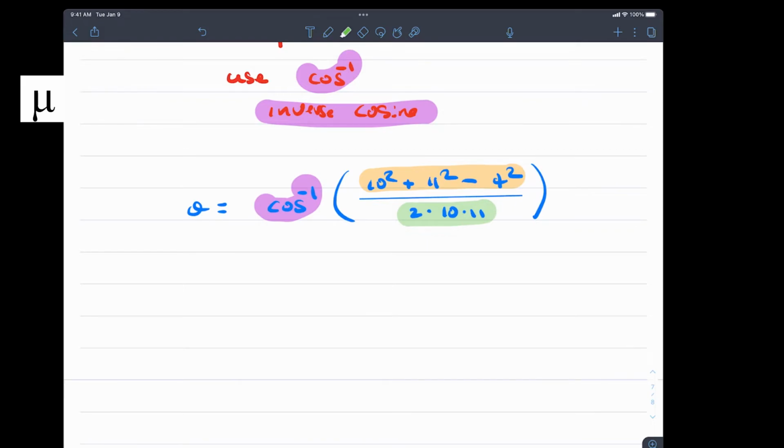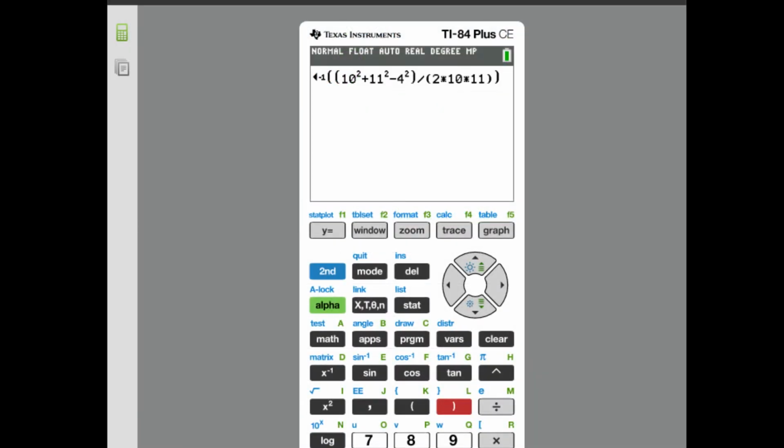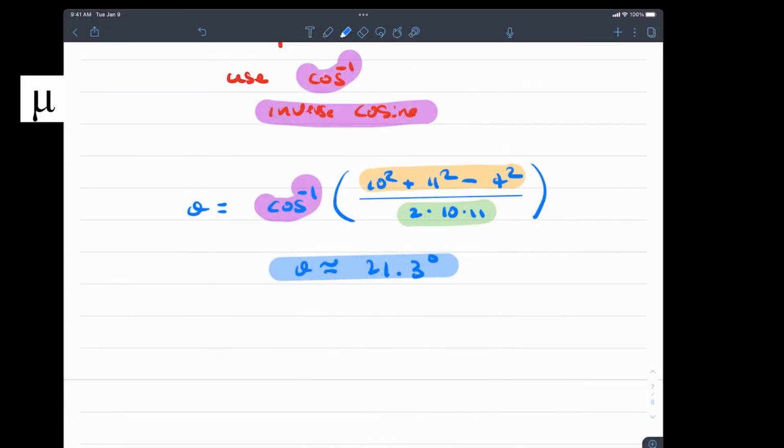Let's make sure our computer is plugged in. It is. We don't want to have that experience. What did you guys get here? What's that angle? 21 point what? 21.3 degrees. And there you go.